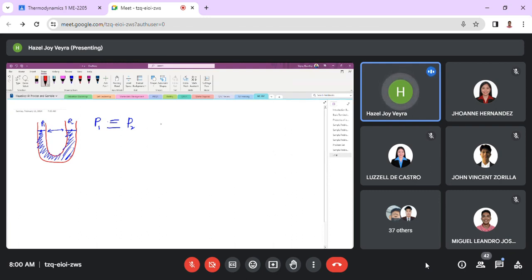Now, next example, you have here a manometer, and then you have here a different fluid. What's the relationship between P1 and P2?